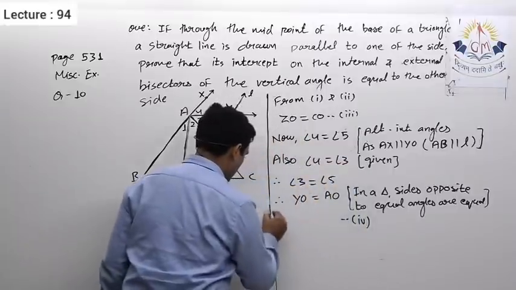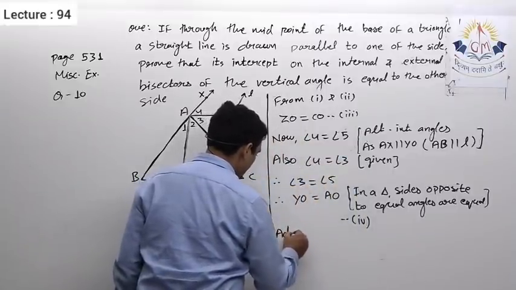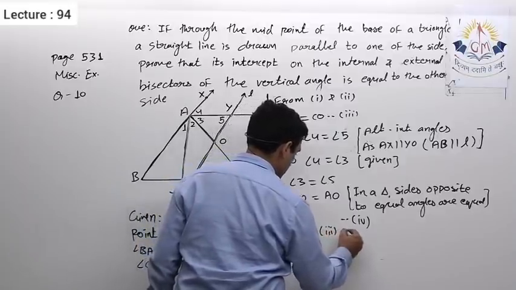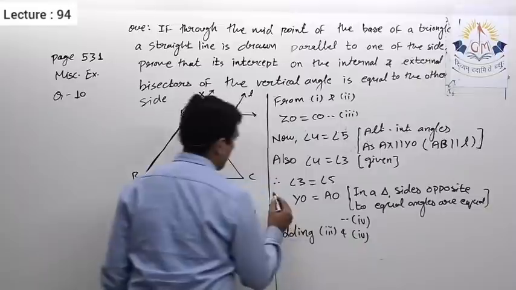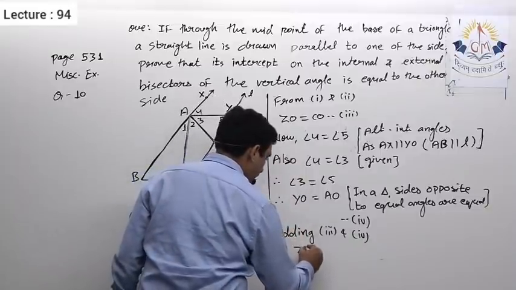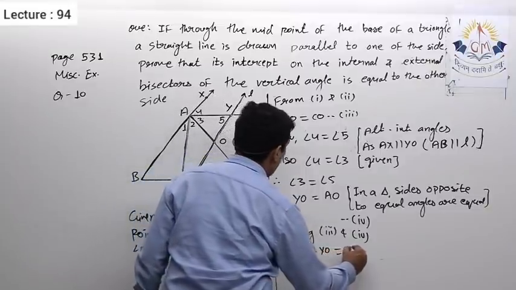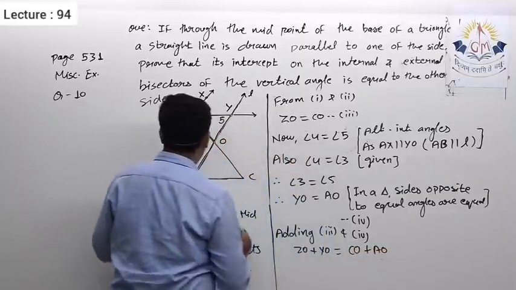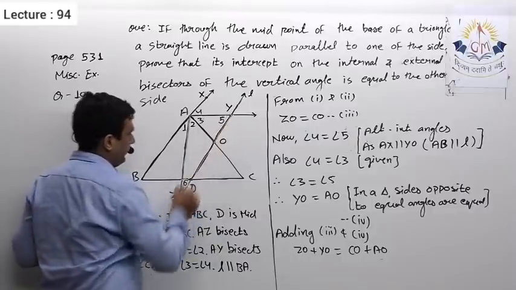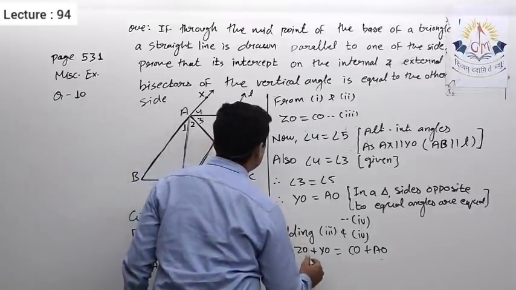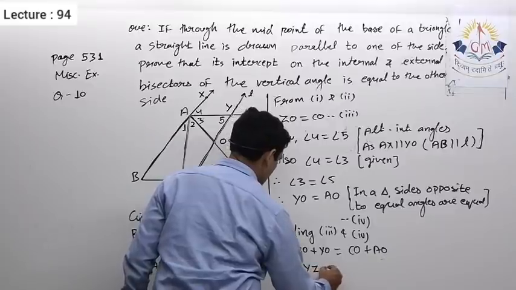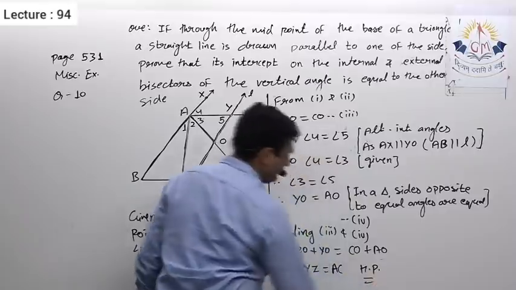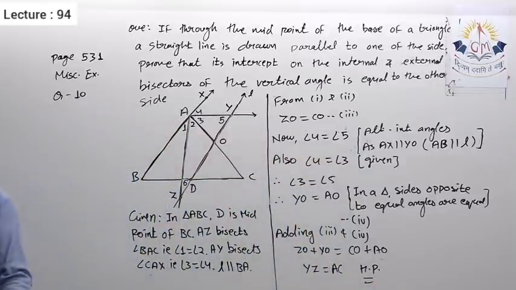Adding third and fourth: ZO plus YO is equal to CO plus AO. Now ZO plus YO is YZ and AO plus CO is AC. Hence proof. So please note it down.